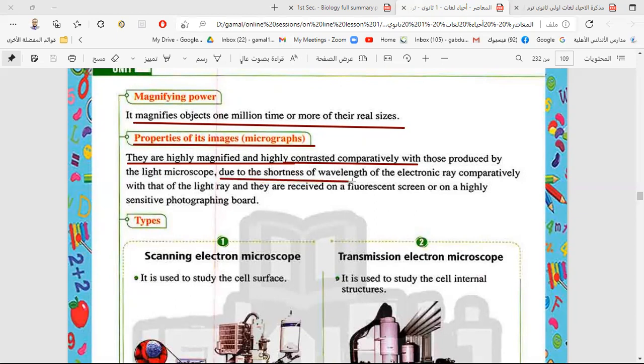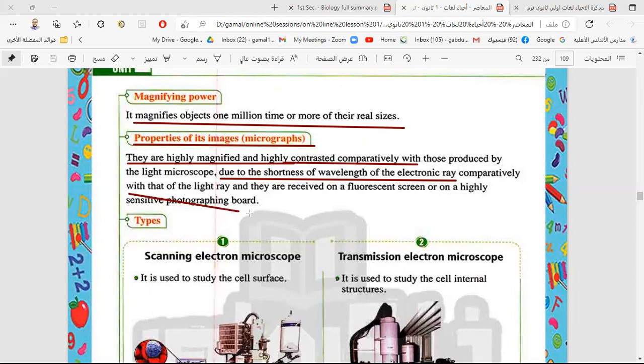طبعا due to the shortness of the wavelengths of the electrons. The beam of electrons has short wavelengths, so shorter than of course the normal light. وبالتالي بشوف حاجات أكثر دقة وأكثر وضوح.